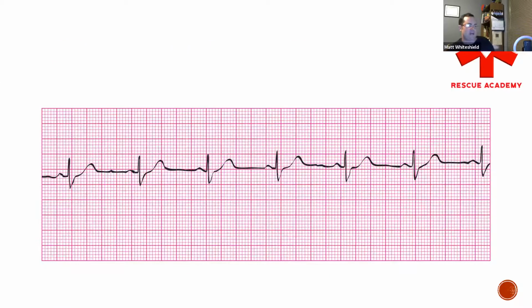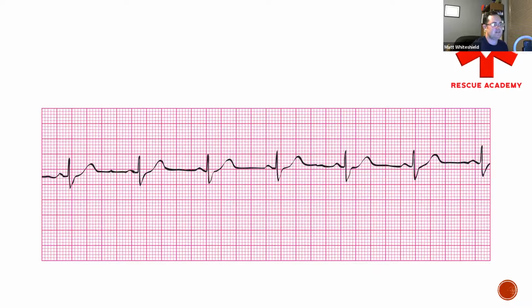All right, what do we got here? Immediately, the first thing I looked at was that first beat. It looks like there's an extra beat right after the T wave. I think that was a mistake. We're not getting into U waves. What do we got here? Now, the only way that I would see that this could potentially be a wandering atrial pacemaker is if there was consistent irregularities in those P waves.